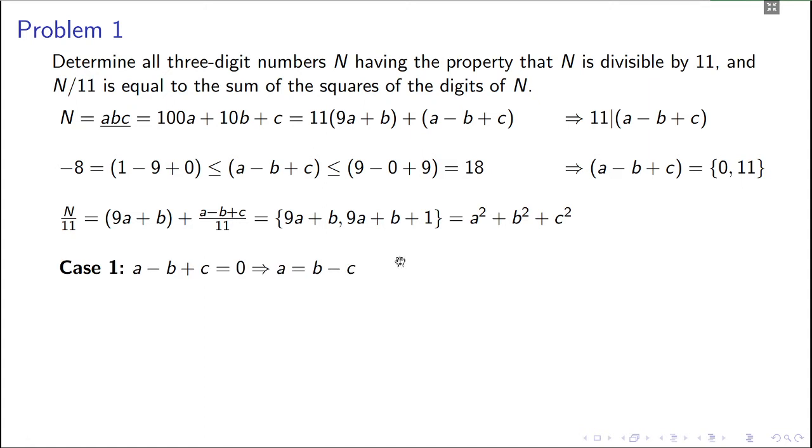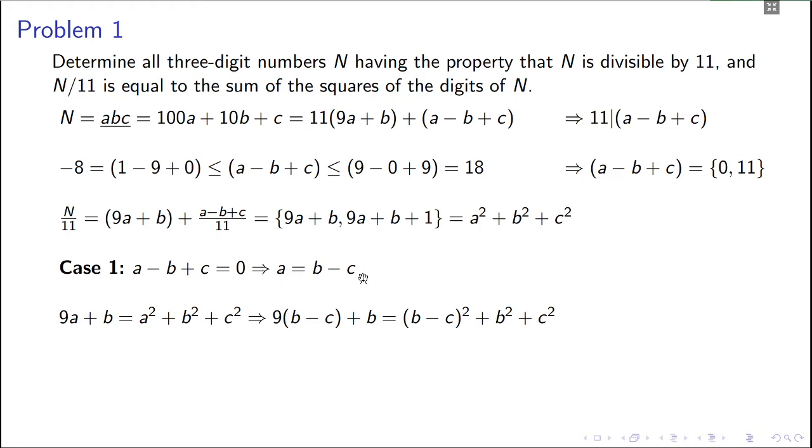The first case is when a minus b plus c equals 0. Then you can write a as b minus c. Take this expression, a square plus b square plus c square equals 9a plus b, and substitute the value of a. And then you will get a quadratic. In this one you can see that c has to be even, because all this is even, this is 0, this is also even, and this factor is odd, so c must be even.